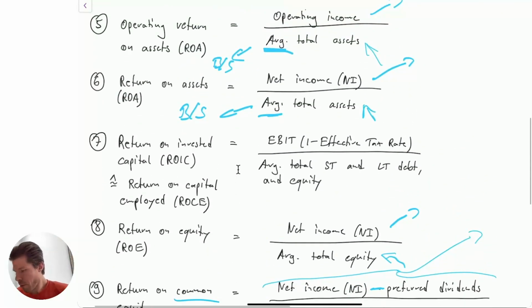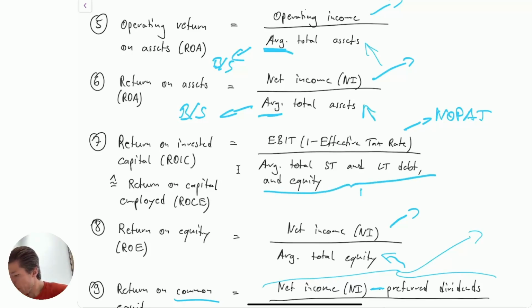There is one formula that is a bit different, which is return on invested capital, ROIC. It is your EBIT times 1 minus the effective tax rate, also called NOPAT, net operating profit after tax, divided by average total short-term and long-term debt and equity, which is basically your total capital.